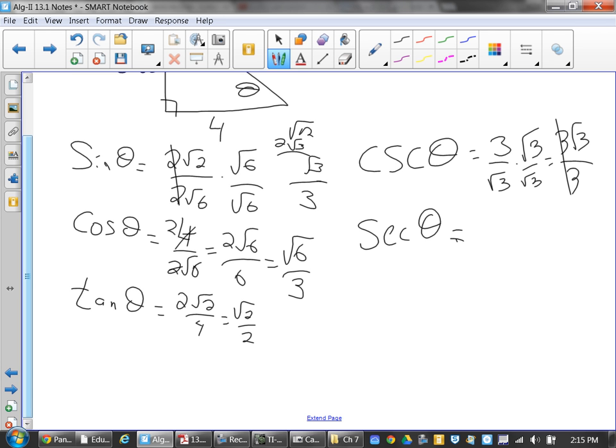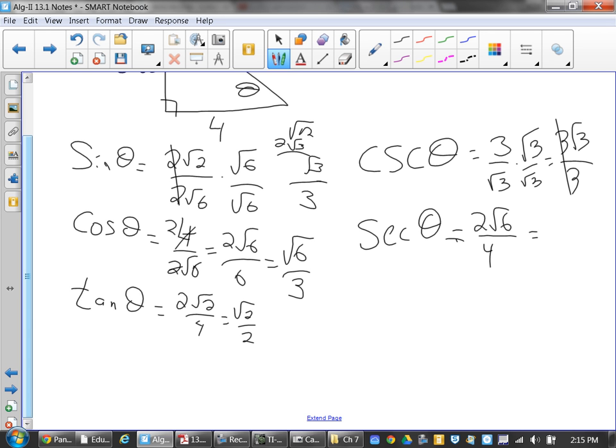If you go back to your original, it was already unrationalized. This is sometimes a little shortcut. We had the cosine originally as 4 over 2 root 6. The secant then would be the flip of that, 2 root 6 over 4.